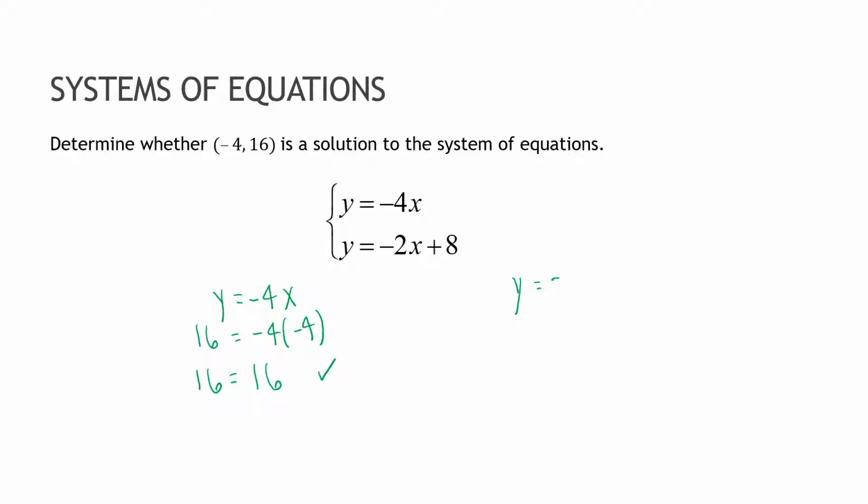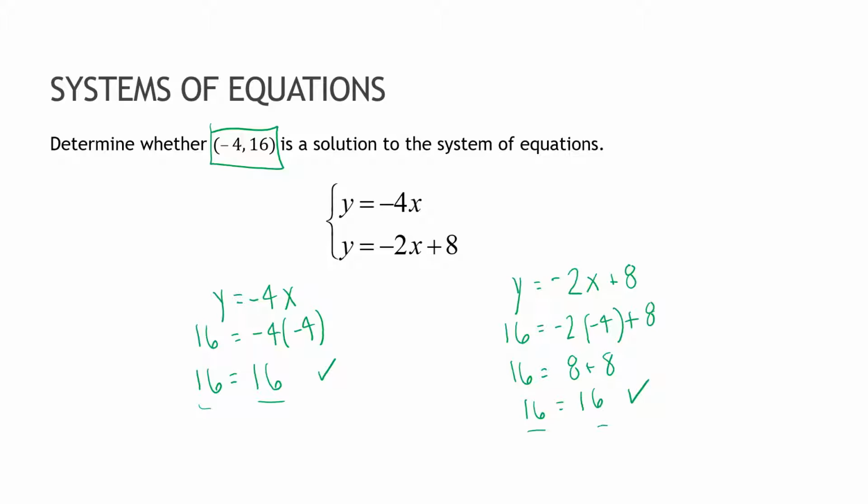So now I'm using my second equation in the system, replacing y with 16, replacing x with -4, and I get 16 equals 8 plus 8, and 16 equals 16, and so they work out. So because both sides equal in both equations, then it is true that -4, 16 is a solution to the system.